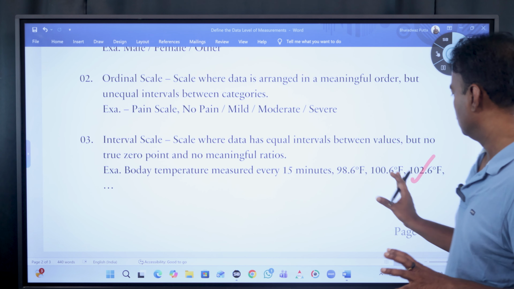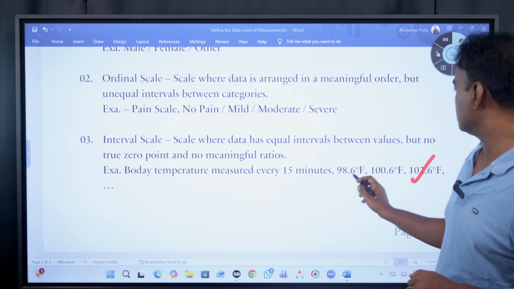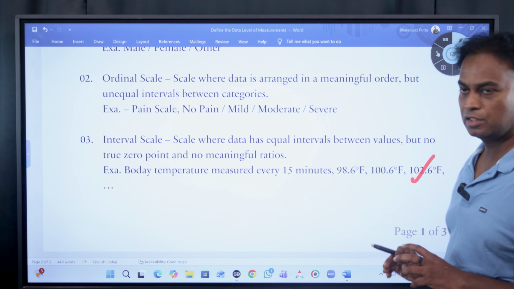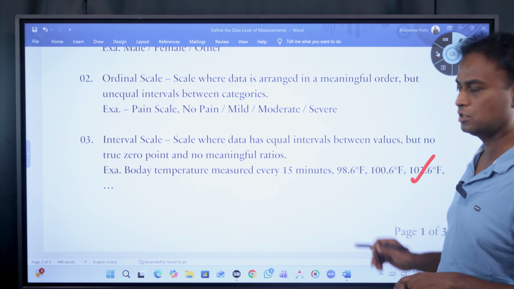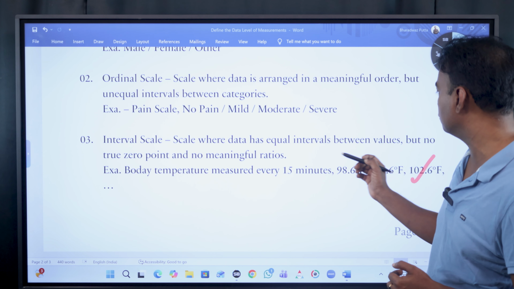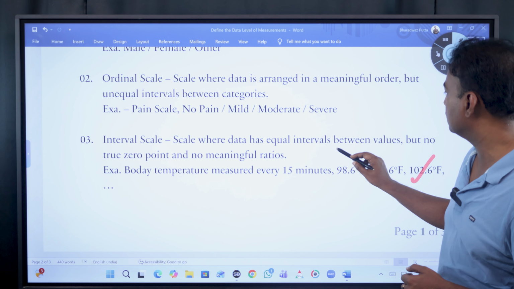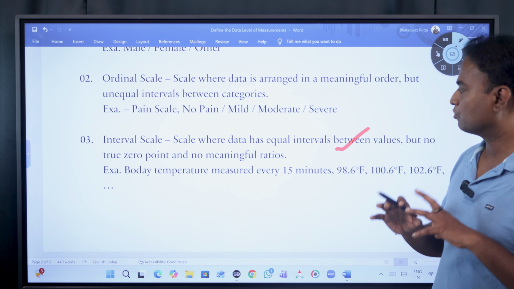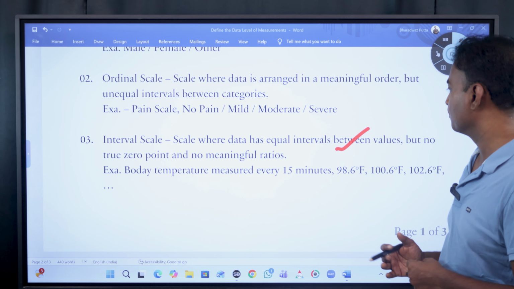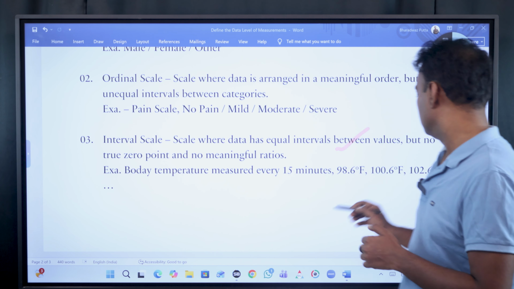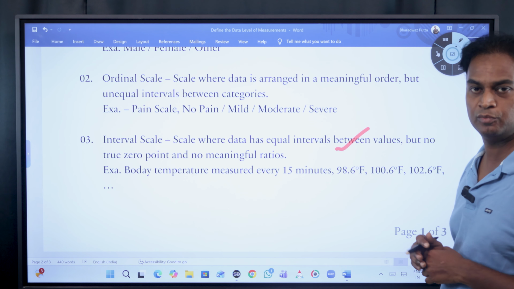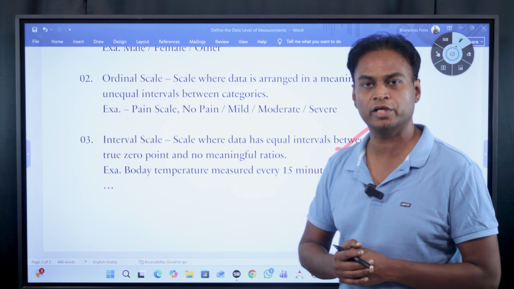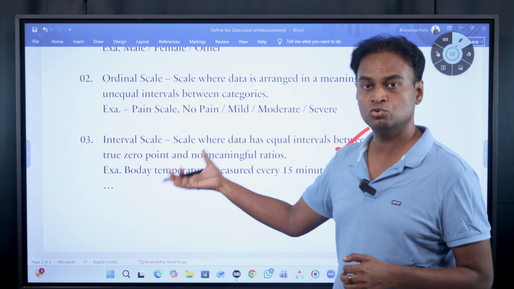These are meaningful. You can say that the difference between the first temperature and second temperature is 2 degrees Fahrenheit. 98.6 minus 100.6 is 2 degrees Fahrenheit. You are finding the difference between these two values, but you cannot divide them. For example, you cannot divide 100.6 by 98.6. It will not give a true ratio because there is no true zero.